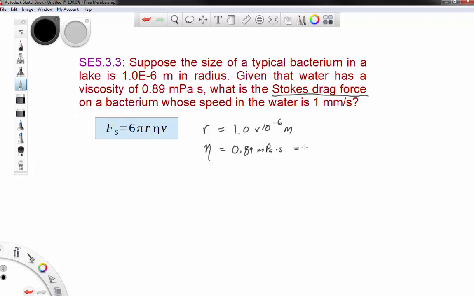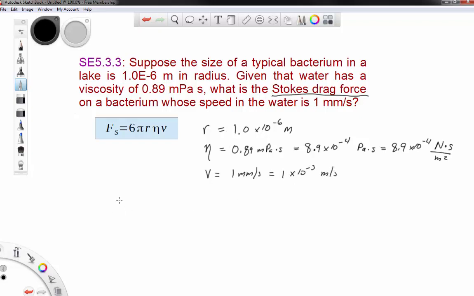That is basically going to be 8.9 times 10 to the minus 4 Pascal seconds, which is the same thing as 8.9 times 10 to the minus 4 Newton seconds over meters squared. So there's where our newtons are going to come in. And last but not least, we have the speed, which was 1 millimeter per second, so that's 1 times 10 to the minus 3 meters per second.